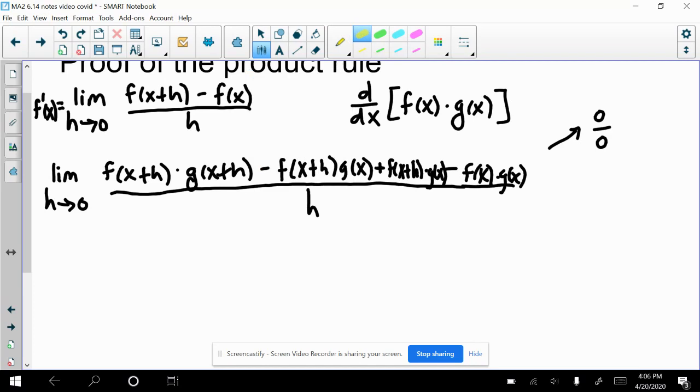I'm going to separate this fraction. I'm going to take this first part here and place it over h, and then add it to this part over h, so that I basically have two separate fractions. Let me show you with some numbers that would make this seem easier.